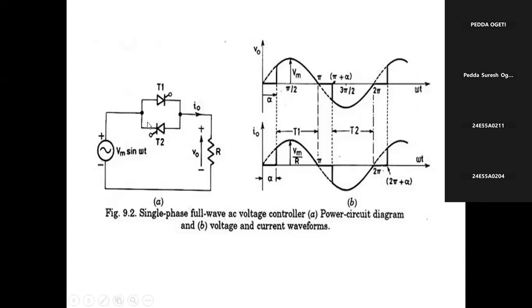Who is 204? Akshita, no? Roll number 203. Unmute your mic and tell me. If you are not responding, I'll give option to you. At least tell me whether you know or not.